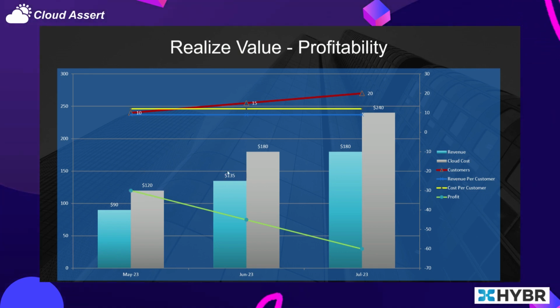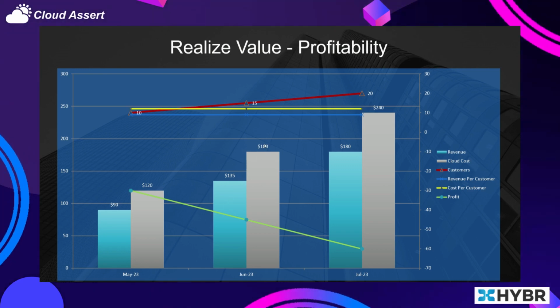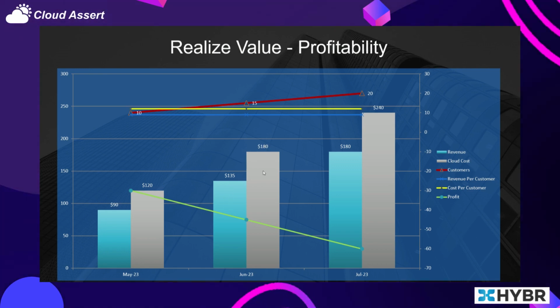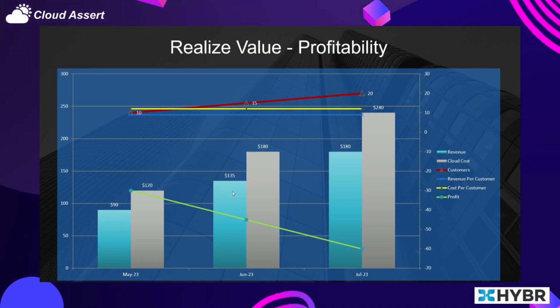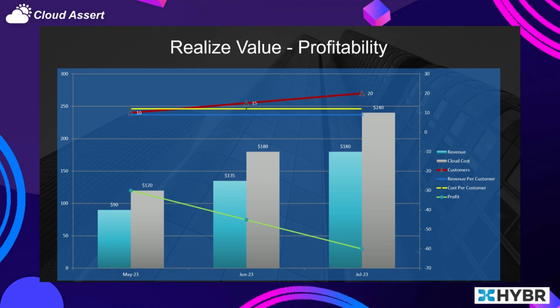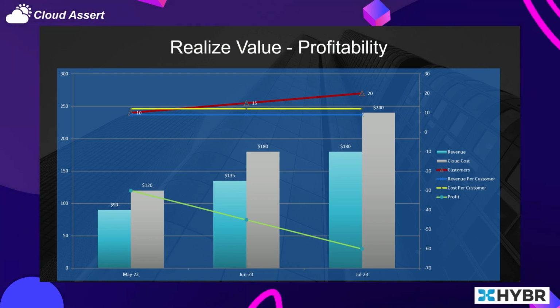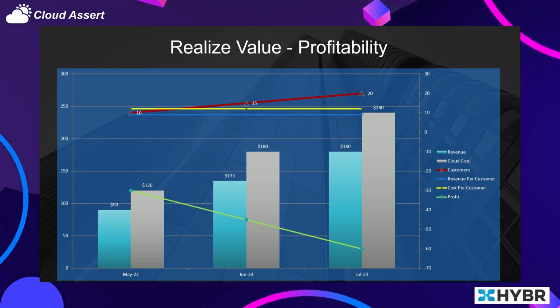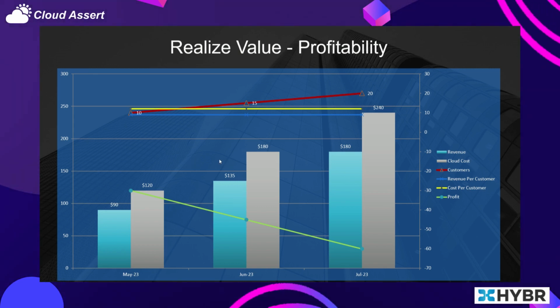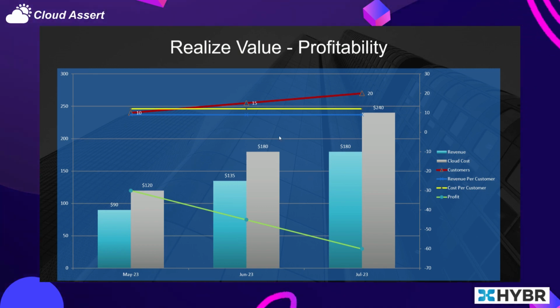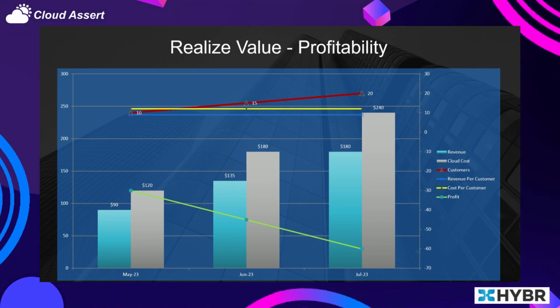And of course, as you can see, there is no profit in this case either. Not only do you not have profit, you are actually spending more to onboard more customers. So you have more loss for onboarding more customers because your application is not utilizing the cloud effectively.